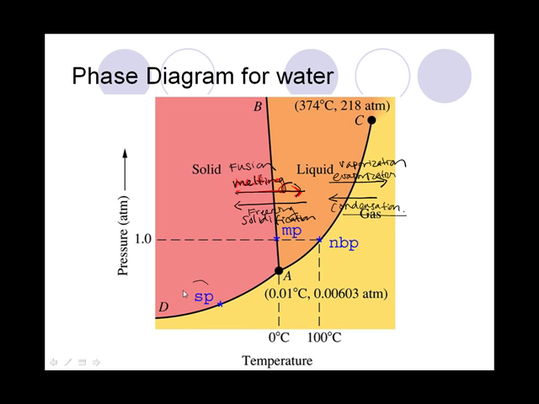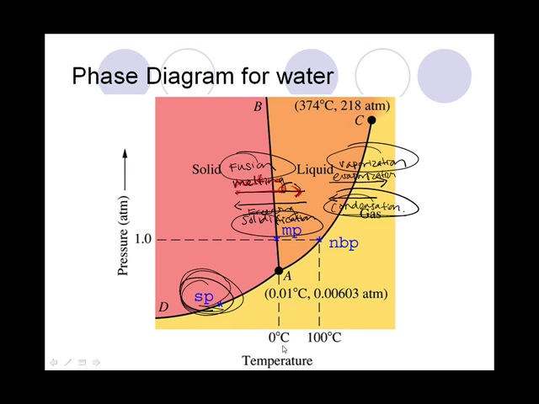We also talked about sublimation and deposition, but we're not going to go through that for the scope of this unit. So please remember what fusion, solidification, vaporization, and condensation are.